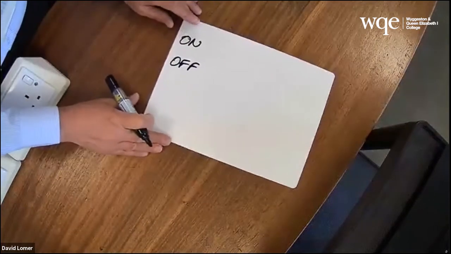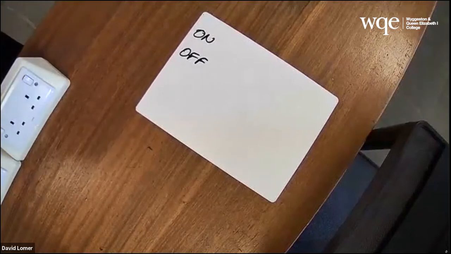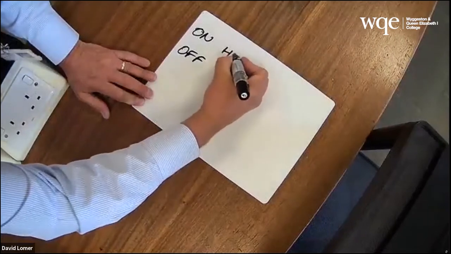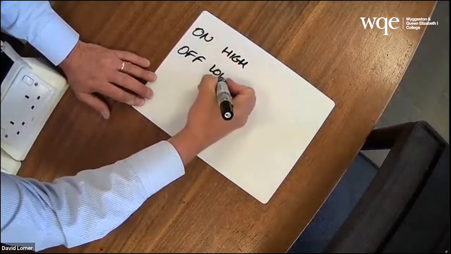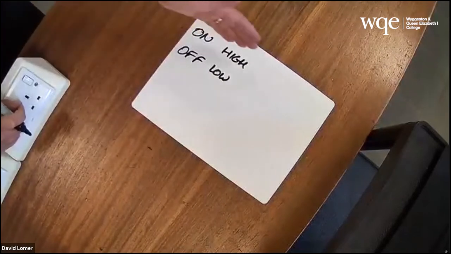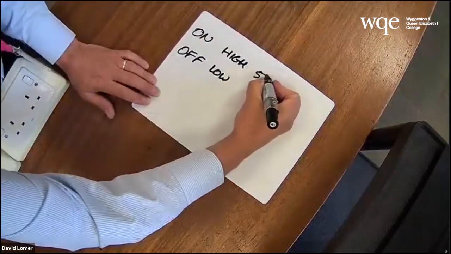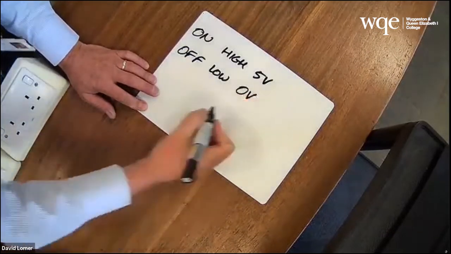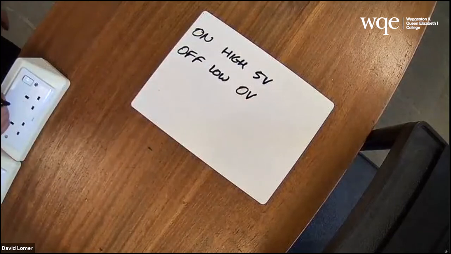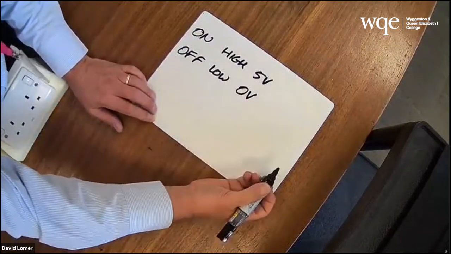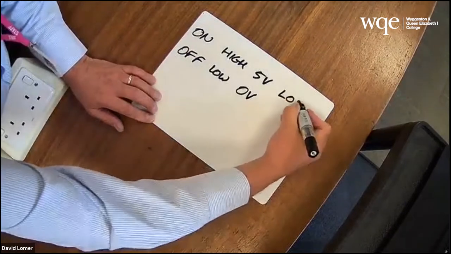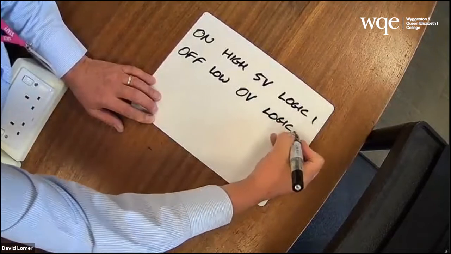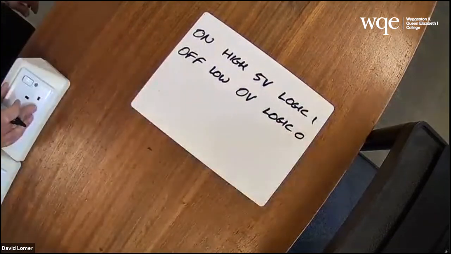So you've got two states, which we call binary, because there's only two states. That is high or low. If it's on, it's high, so that's 5 volts, a high voltage. If it's low, 0 volts, low voltage. We call the 5 volts logic 1, and the 0 volts logic 0.